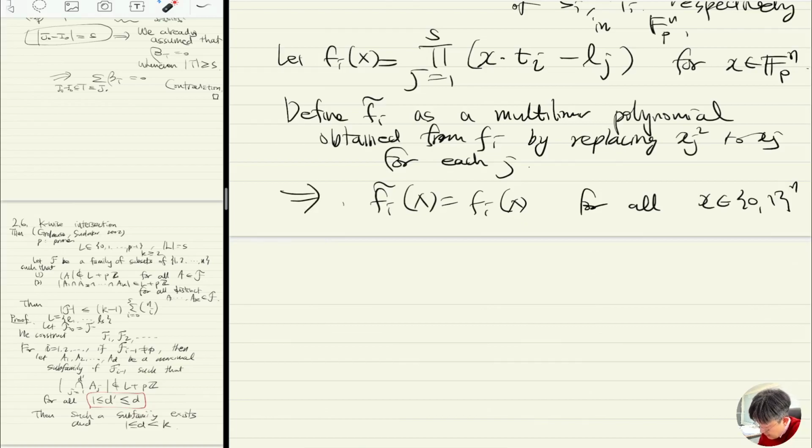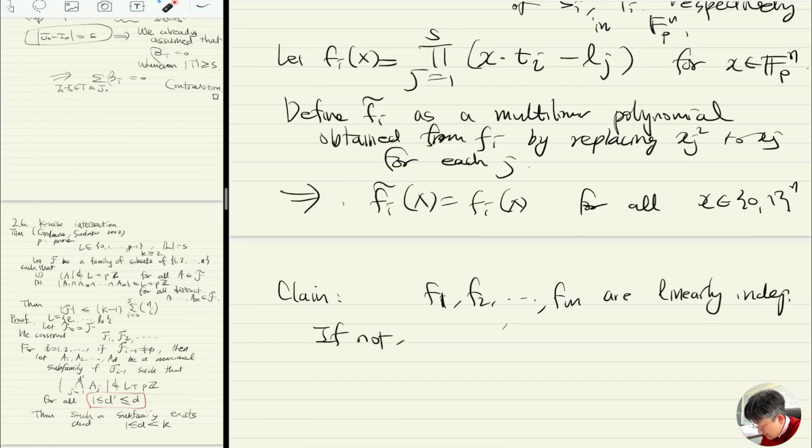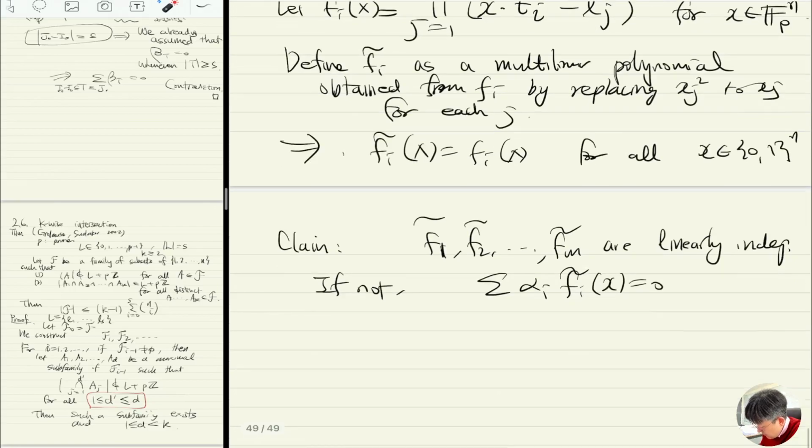Now, we claim that F_1, F_2, ..., F_m are linearly independent. So if not, then there's a linear combination. Oh, by the way, I put tilde, right?